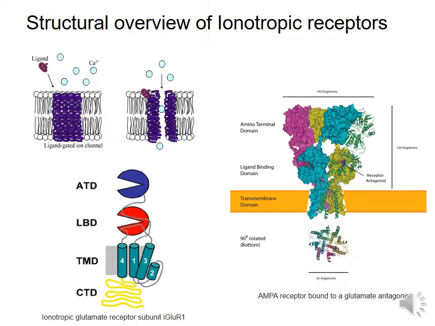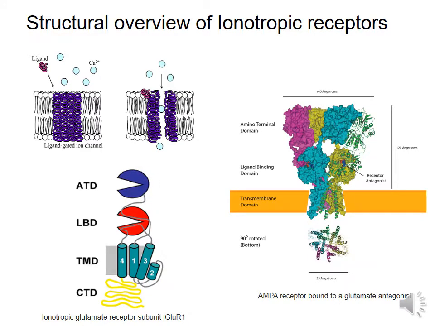So these ionotropic receptors are proteins that are typically composed of at least 2 major domains. There is a transmembrane domain, which includes the ion pore, and then an extracellular domain, which includes the ligand binding location. And different types of receptor subunits may have additional domains, like in this case.